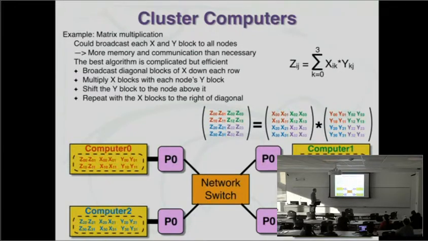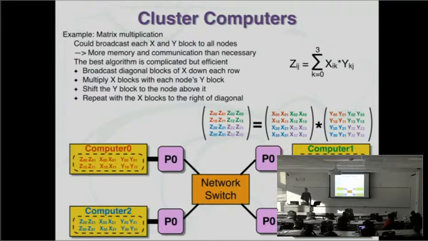And by this time, let's see, sorry, x20 and x02 were already shifted over here, and our y20 and y30 were shifted up here. So now we can do the last two elements of z00.